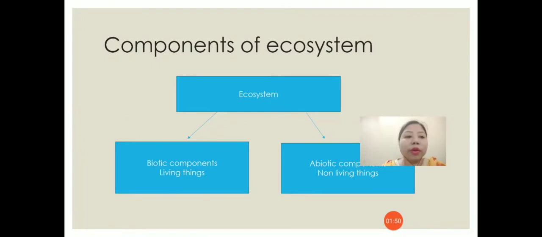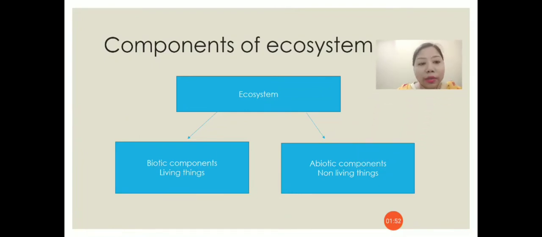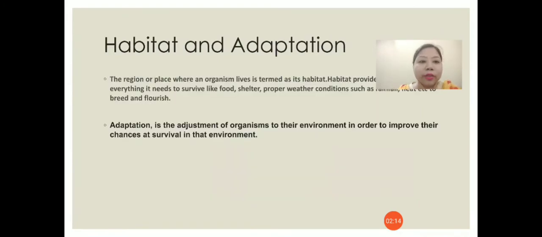There are components of ecosystem and those are biotic components and abiotic components. Biotic components are all the living things like plants, animals, and abiotic components are non-living things like temperature, soil, pressure, humidity. So, these two components combine together to form the ecosystem.